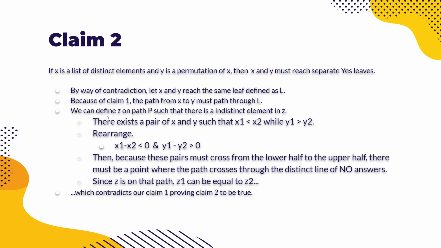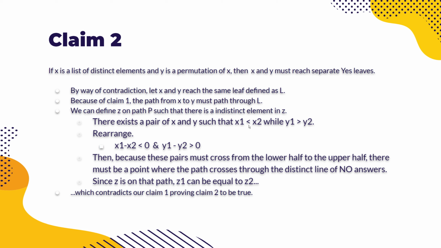We can define a third variable, z, on this path P, such that there is an indistinct element in z, and this is for the contradiction. So, there exists a pair such that x1 is less than x2, while y1 is greater than y2. And since it's just permutations, we can say, just for an example, say this is 1 and this is 2.